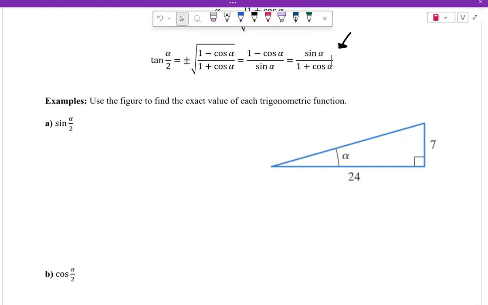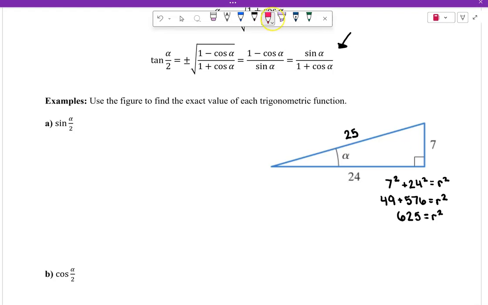So 7 squared plus 24 squared equals r squared. This is a 49 plus a 576. Add those together, you get 625. And you square root that, and you get 25.